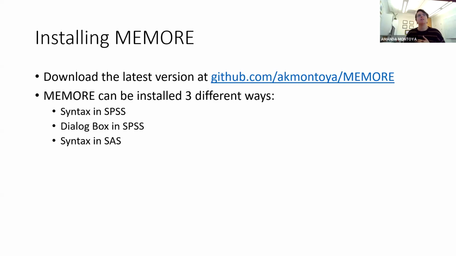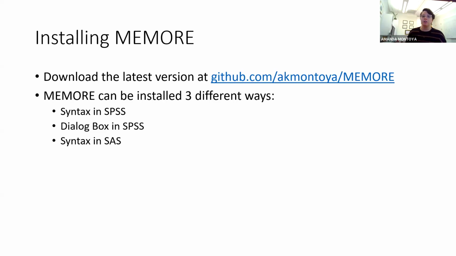For the dialog box, you can either click the .spd file and request that it installs, or, depending on your version of SPSS, where this is in your menu system can differ. Essentially, you go to the install dialog box and then select the file. One thing to note with the dialog box is that you may need administrative access on your computer.